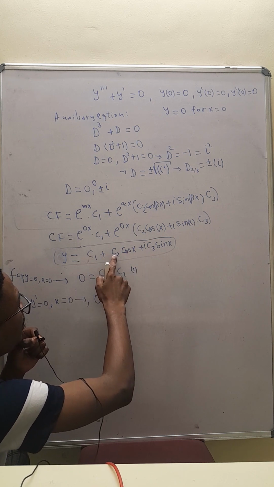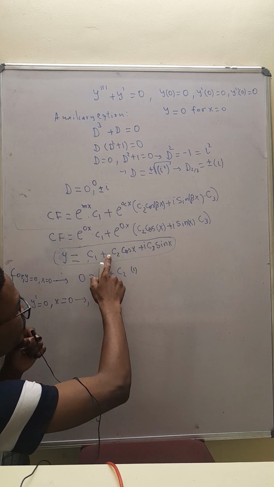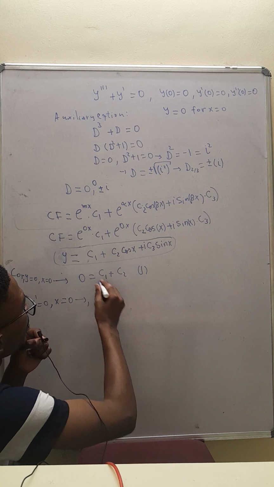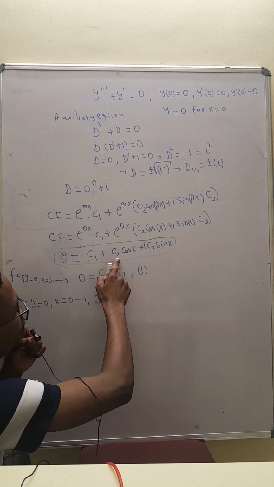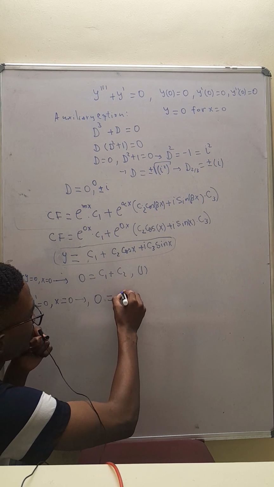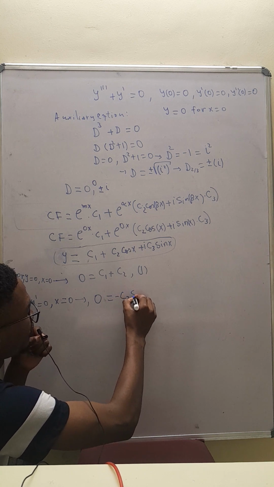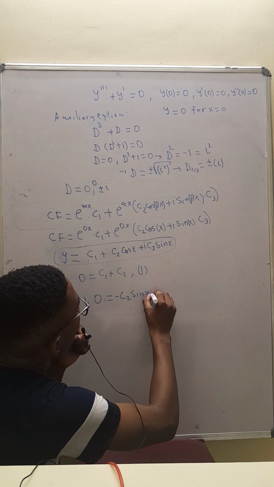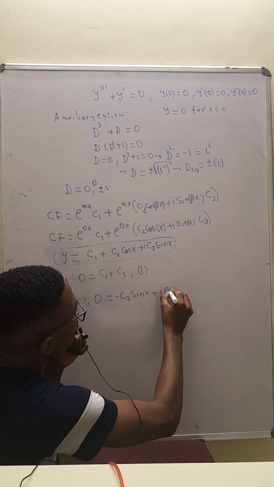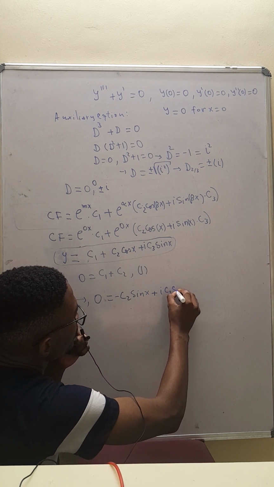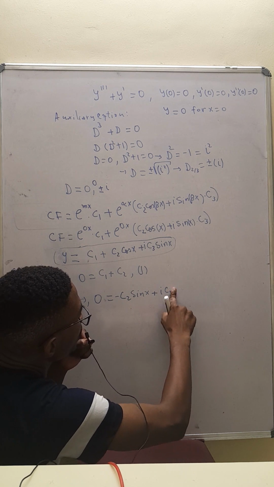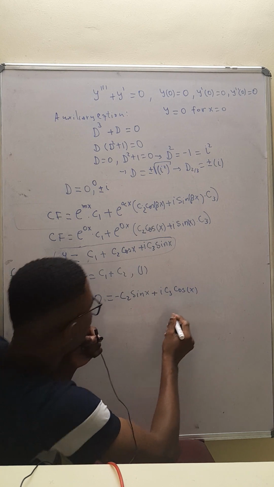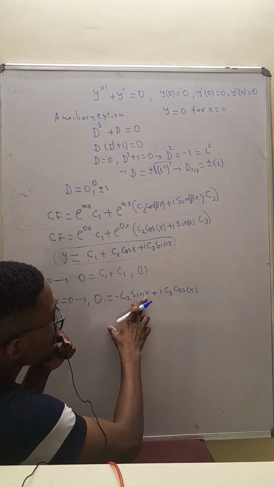This will be 0, and this one will be minus C2 sine of x, and here it will be plus i C3 cosine of x. Then substitute for x equal to 0.